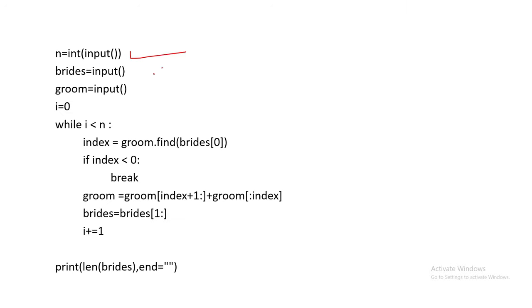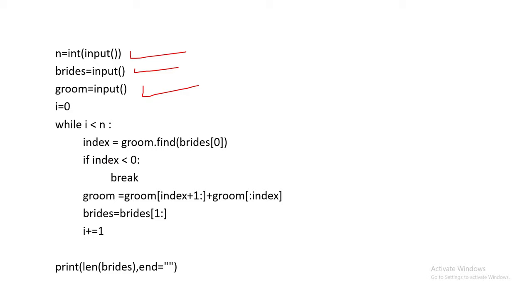We take inputs as we discussed. Our initial pointer will be at I, while I is less than the length. So we are going to iterate over all the brides. We find the index of the groom which is suitable for the bride.